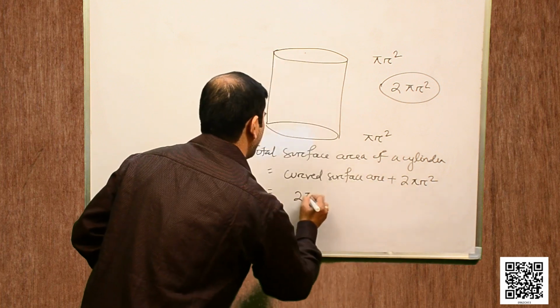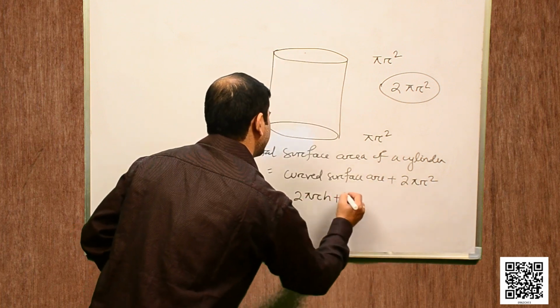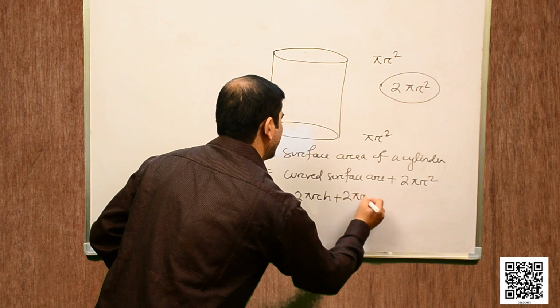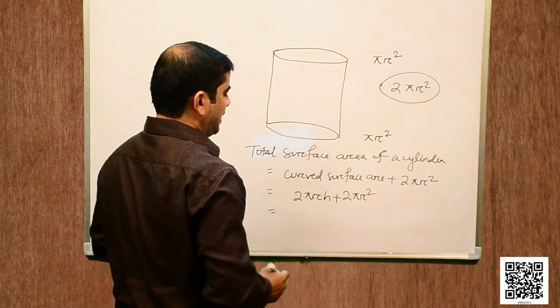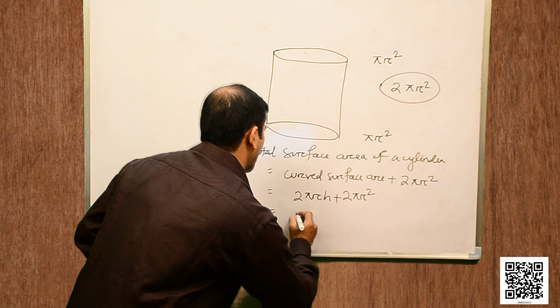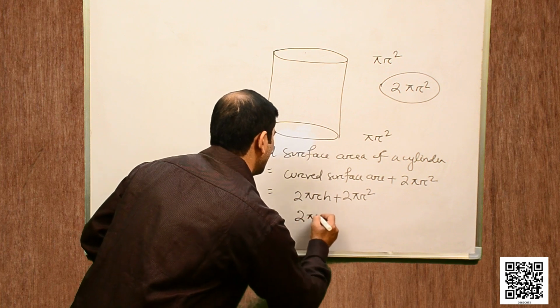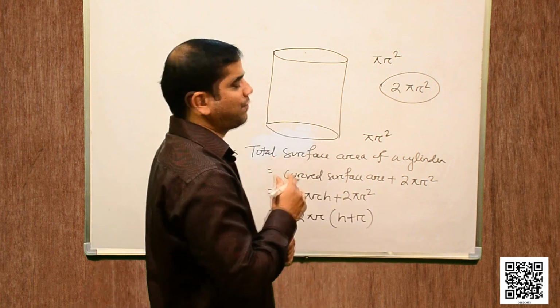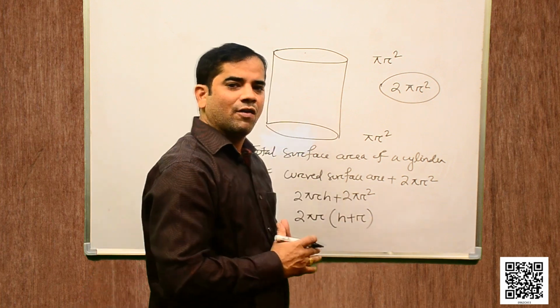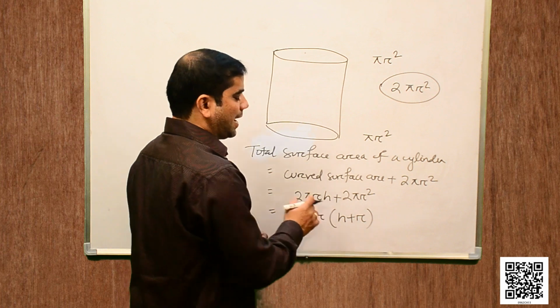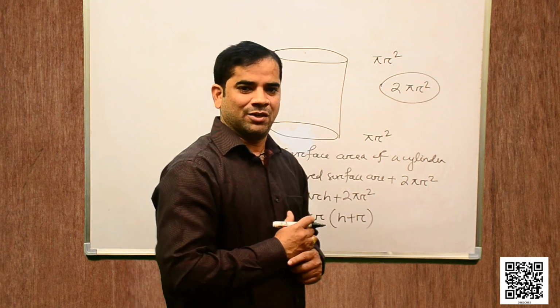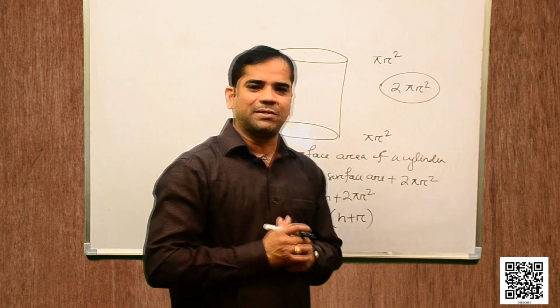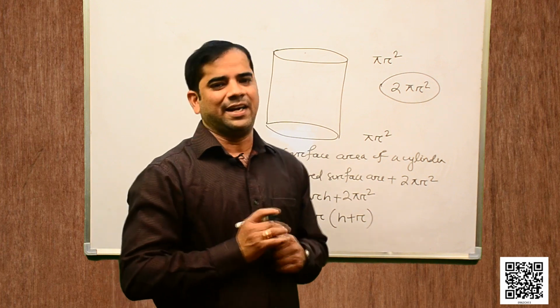So 2 pi r h plus 2 pi r square. When we take 2 pi r as common, we get 2 pi r (h plus r). So therefore the total surface area of a cylinder is 2 pi r (h plus r), where h is the height of the cylinder and r is the radius.